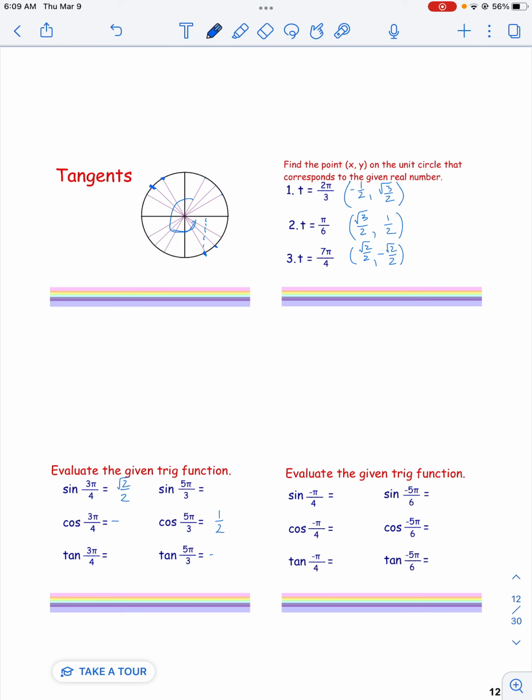The cosine at negative 5 pi over 6 is going to be 1/2, the sine at negative 5 pi over 6 is going to be square root of 3 over 2, and then the tangent there is going to be the y value, square root of 3 over 2, over 1/2. I've got to do that keep change flip, square root of 3 over 2 times 2 over 1, and that gives me a tangent of the square root of 3.